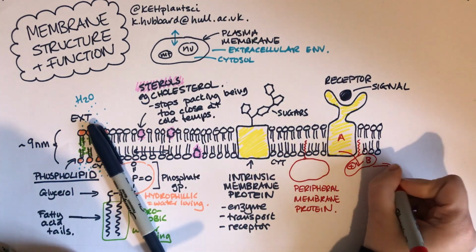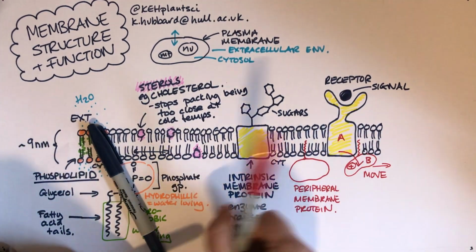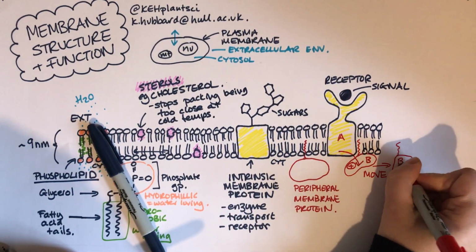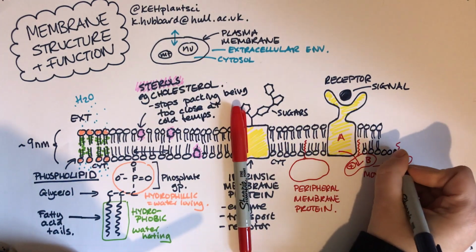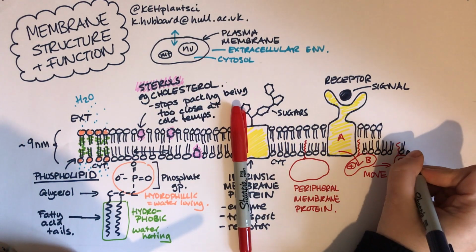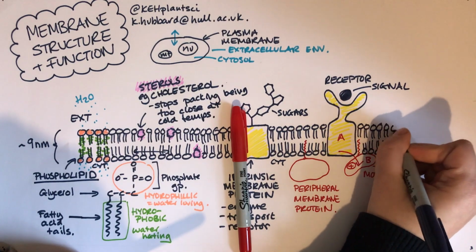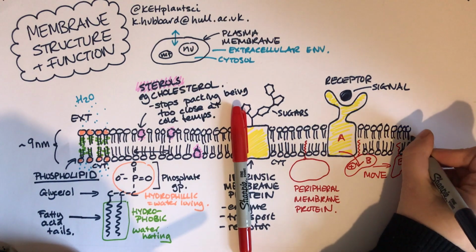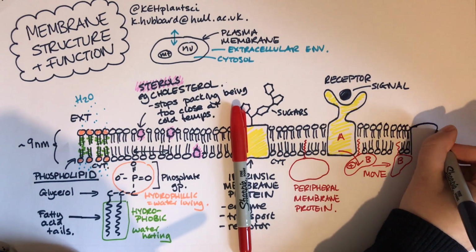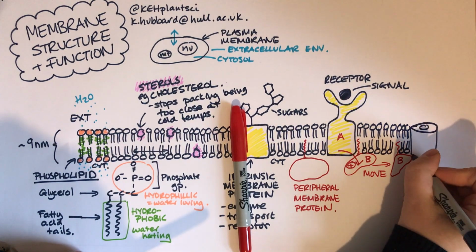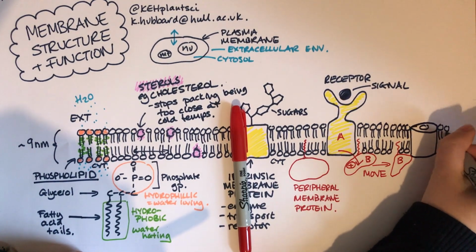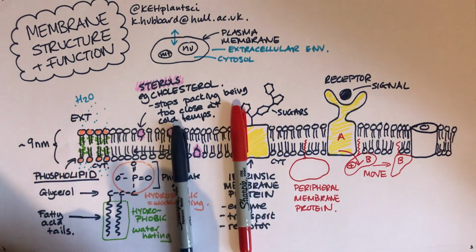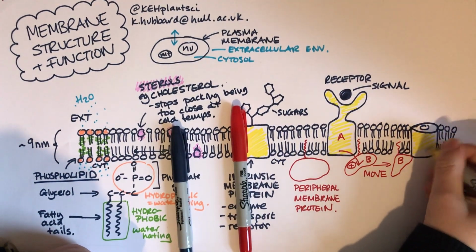B might then be able to move through the membrane. As I say, we can have movement left and right in the membrane. That's okay, and that's actually really important for how the membrane functions. And then we might have another membrane protein. So again, this is an intrinsic protein.